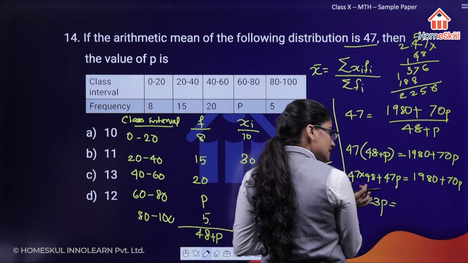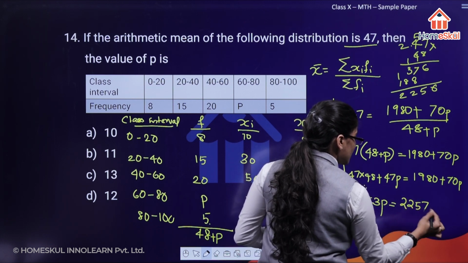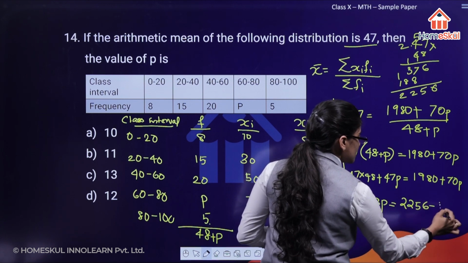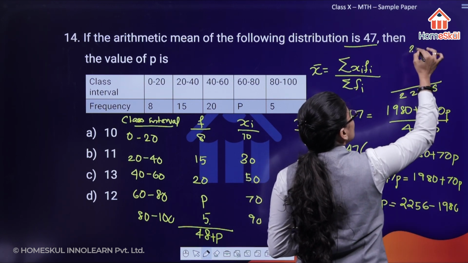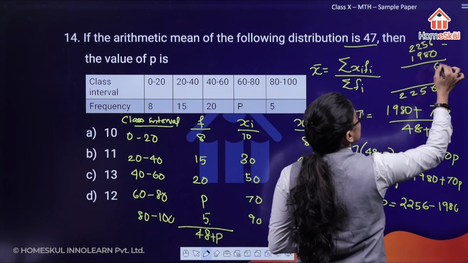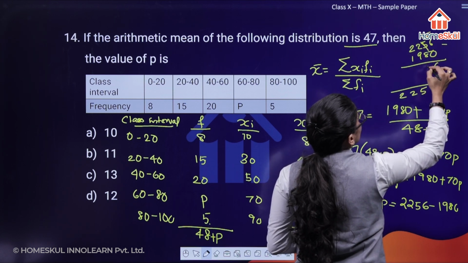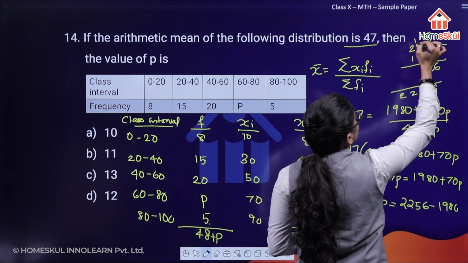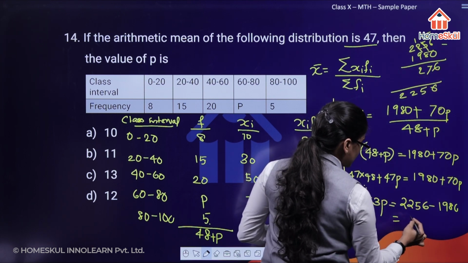So, 2256 taking to the other side, it is 2256 minus 1980. What is 2256 minus 1980? It is 276, isn't it? That is, we are getting 276.